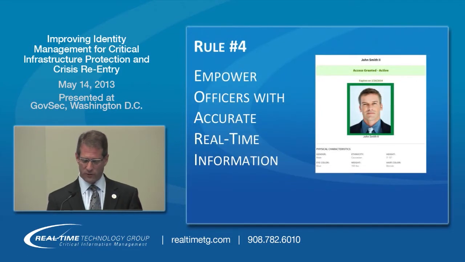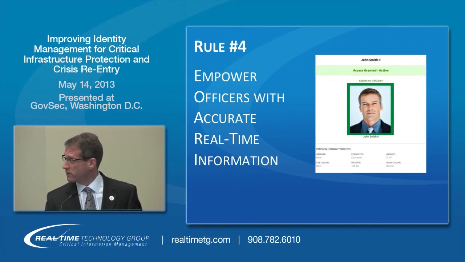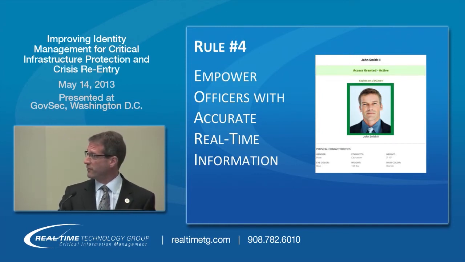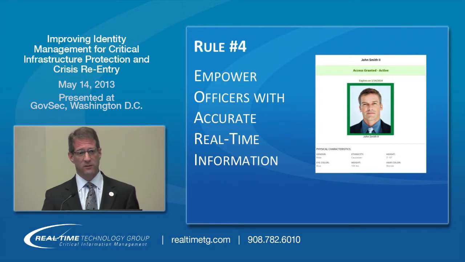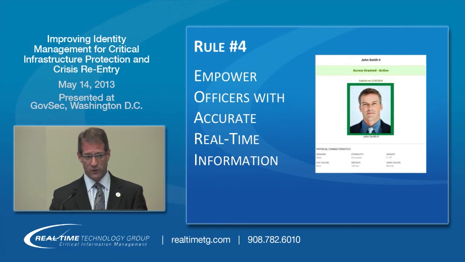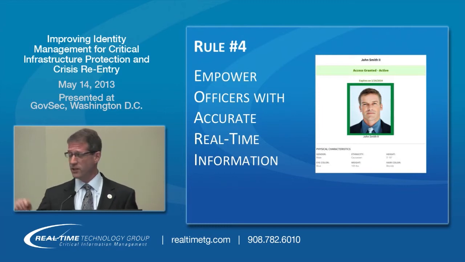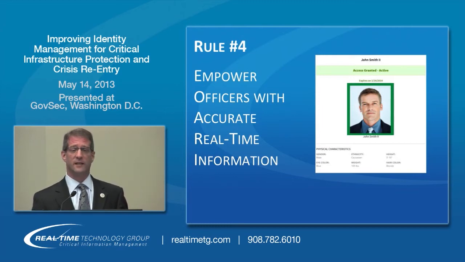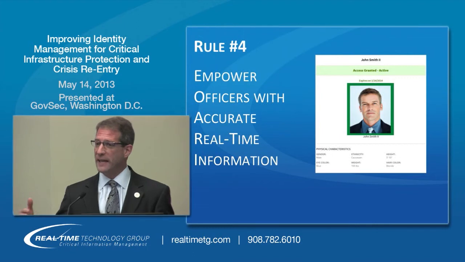So we empower our officers with real-time information that does not disclose personal information, but rather privately says to that officer, emergency responder, or safety officer on a scene, this individual meets the criteria to access this location at this moment in time. By making that a dynamic equation, at this moment in time, this location.